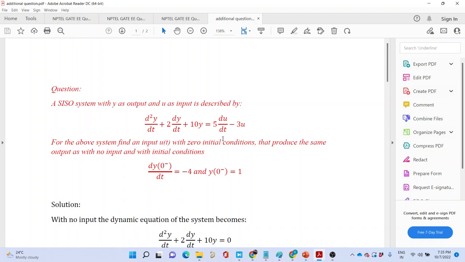Transfer function is defined when initial conditions are zero, but we are not finding the transfer function at all. We are finding the response y.